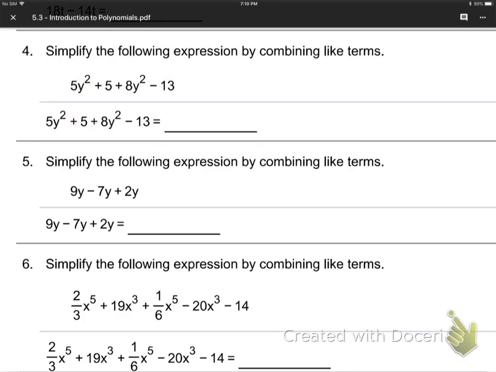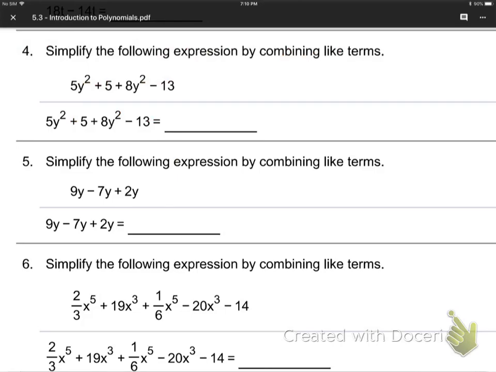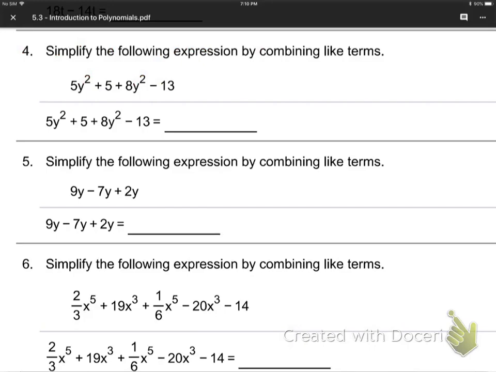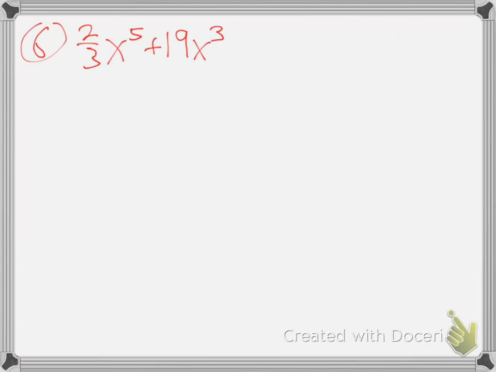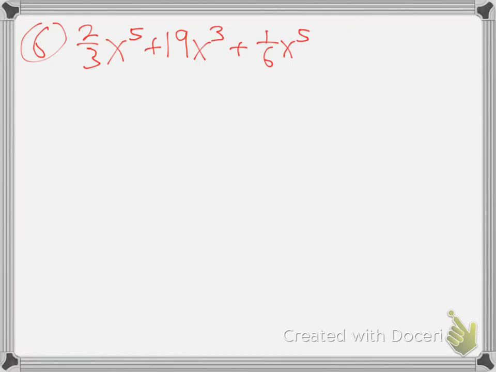So, number 5 is easy. Number 6 looks painful. All right, 2/3 x to the 5th, let's do that one. So number 6: 2/3 x to the 5th plus 19x cubed plus 1/6 x to the 5th minus 20x cubed minus 14.